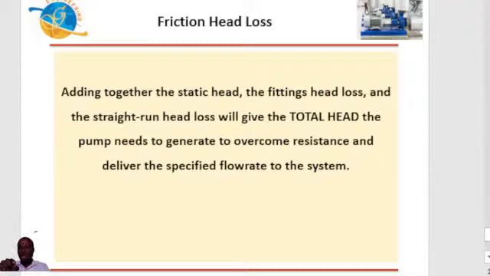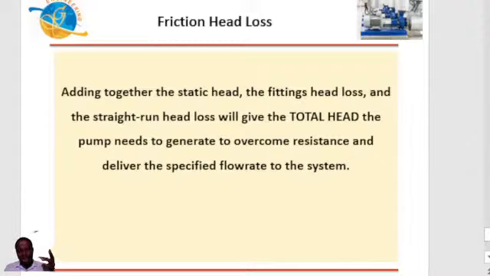So you can see how important the total head requirement calculation is by the time you are doing detailed engineering of your pumping system. By the time you are making some critical decisions, right, with regard to your pumping application system. So you need to take note of this calculation.